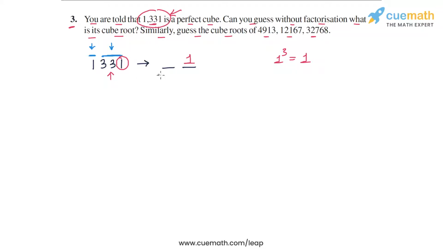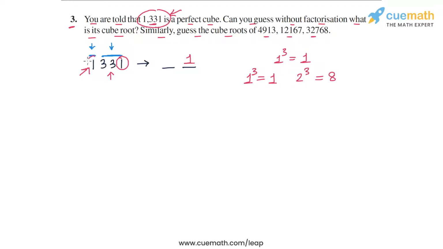Now we have to figure out the tens digit of the cube root. For that purpose, we take the second group, which is 1. We think about 2 consecutive digits between the cubes of which this number will lie. It lies between the cubes of 1 and 2, because 1 cube is equal to 1 and 2 cube is equal to 8.